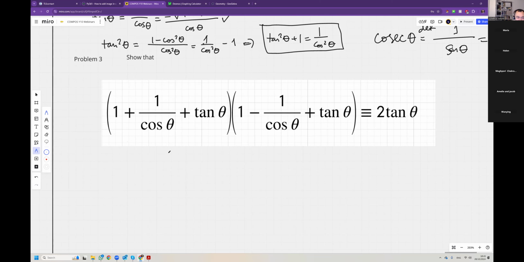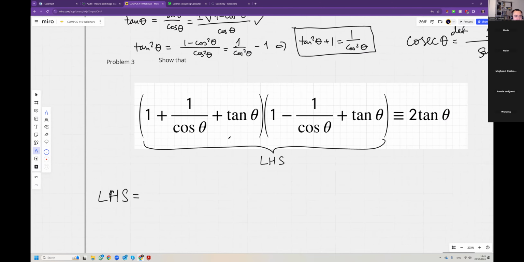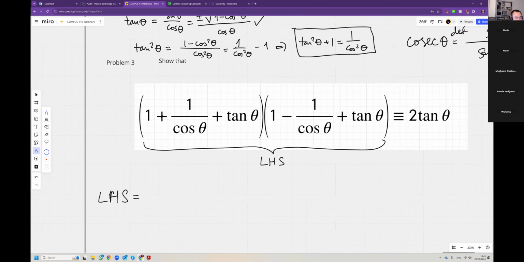So this is the left-hand side, and I'm going to try to modify it. So what can I do? Well, the first thing that pops into my mind is I can multiply everything with everything.